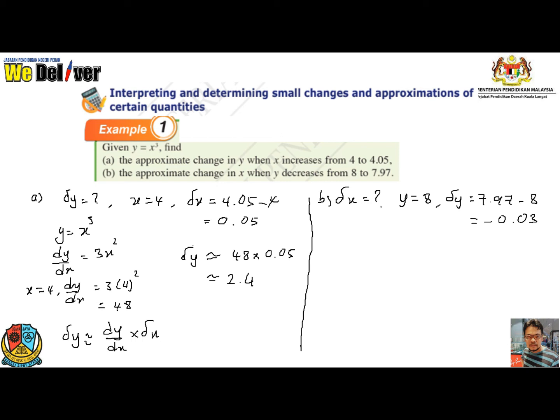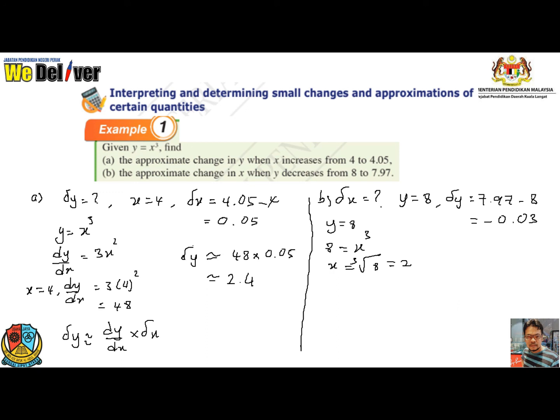First find the value of x when y equals 8. Substitute in the function: 8 equals x cubed. So x equals the cube root of 8.